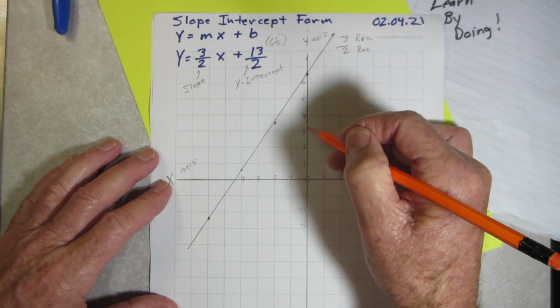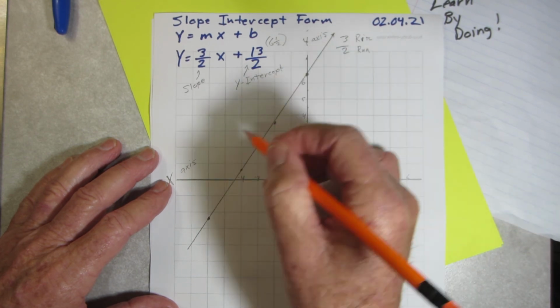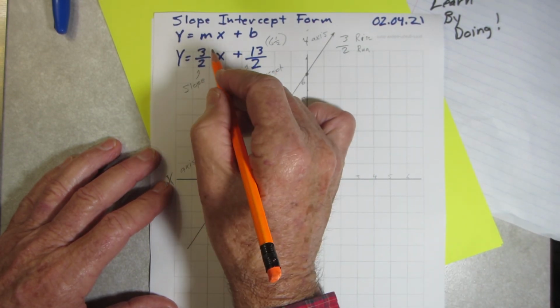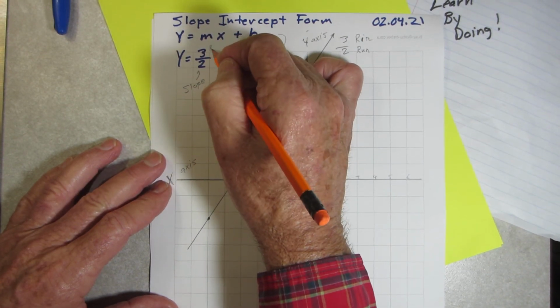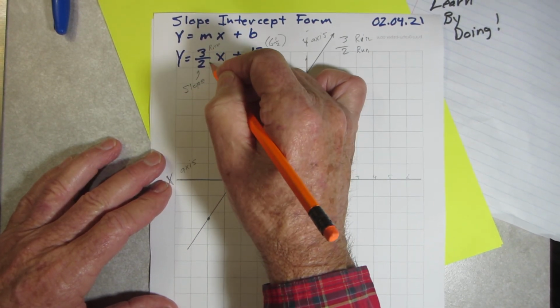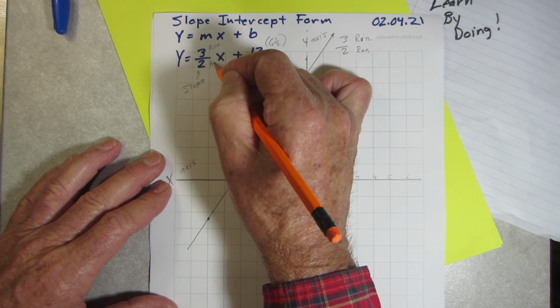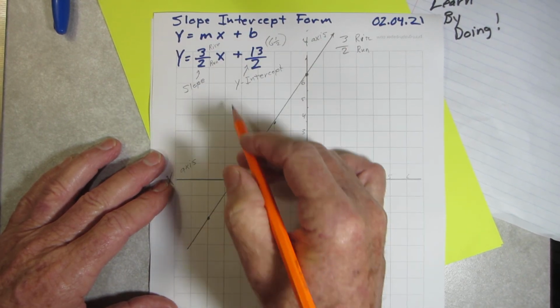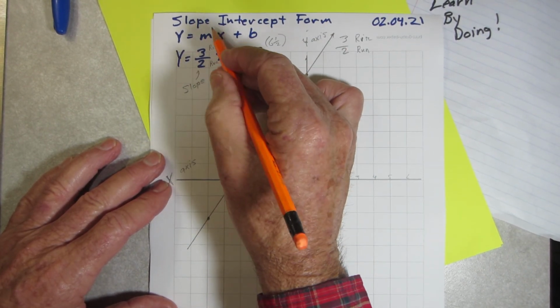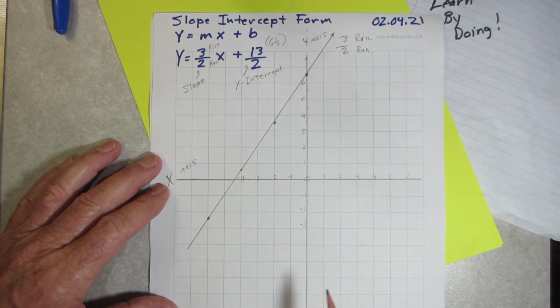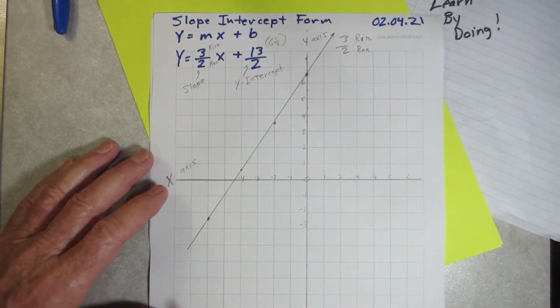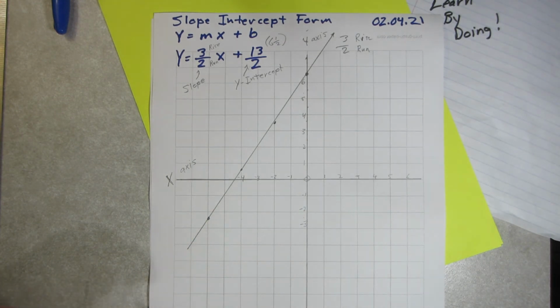So that's 1, 2, 3, 4, 5, 6.5. And then this means rise and run. So you don't have to work with fractions on this. This just gives you guidance on how many blocks up to go and how many blocks over to go. Okay, so that's graphing using the slope-intercept form.